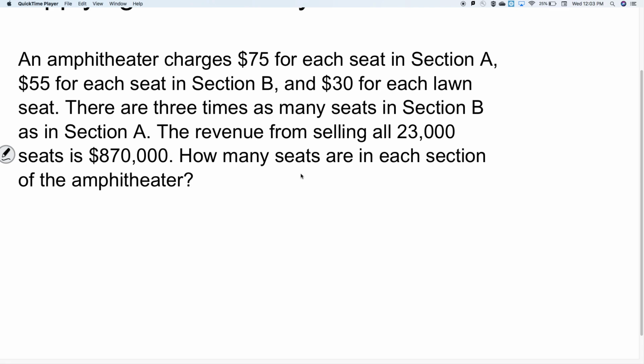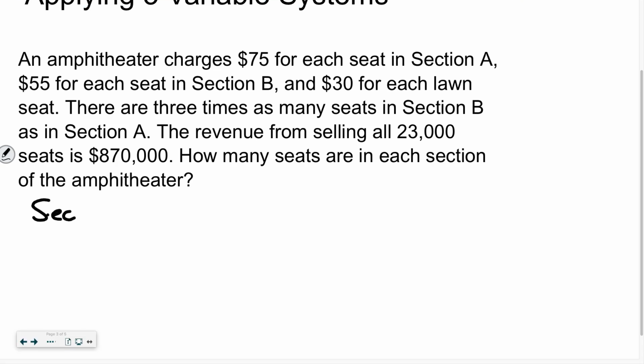Like, an amphitheater charges $75 for each seat in Section A. So I could write something like, Section A, $75 per seat. So if you don't want to write out the full sentences, you can jot down some of the information that you're being told in the problem.